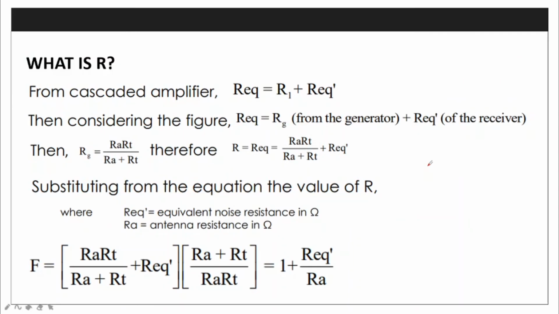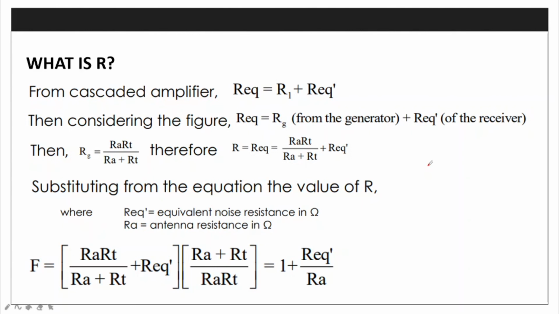Yan. So, what is R? From a cascaded amplifier, R equivalent is equal to R sub 1 plus R equivalent prime. Then, considering the figure, R equivalent is equal to RG, or the resistance from the generator, is equal to R equivalent, or the resistance of the receiver, then RG is equal to RA-RT over RA plus RT.